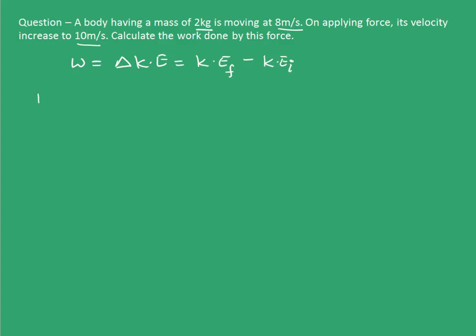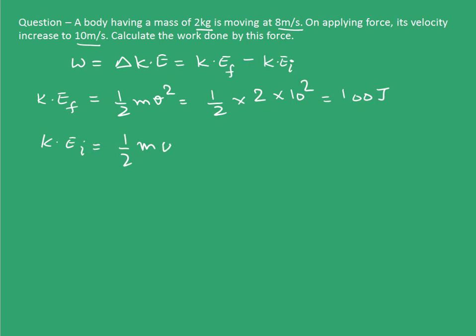So I will calculate first kinetic energy final. This is half mv square, which is half into mass, 2, into 10 square, which is 100 joules. Kinetic energy initial is half mu square, that is half into 2 into 8 square, which is 64 joules.